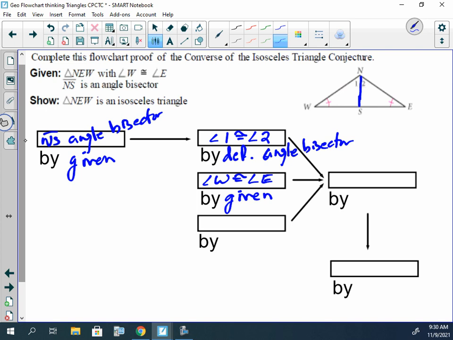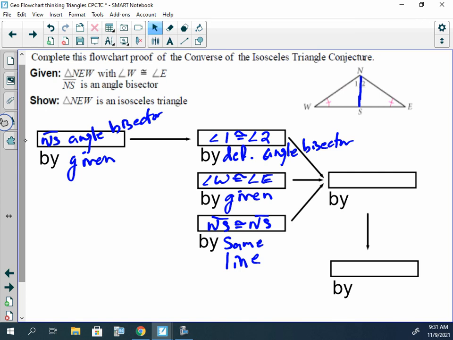If we were being truly rigorous, we would have to say the reflexive property of equality. It says that A is equal to A, so NS is congruent to itself. Symmetric is where we can flip it.